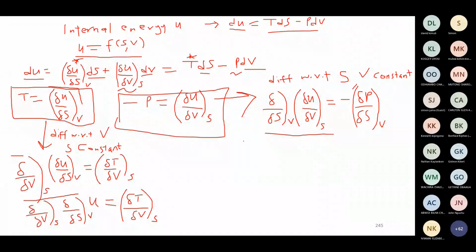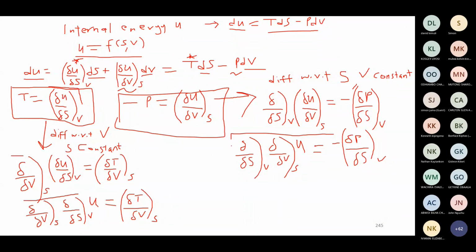It can be written as d ds at constant V, and then d dv at constant S for U equals minus dp ds at constant V. So we have this expression.